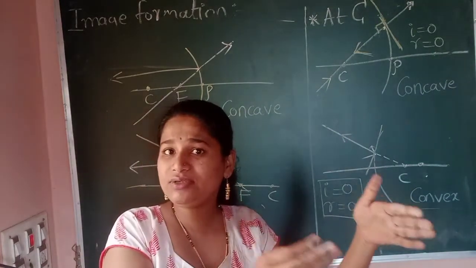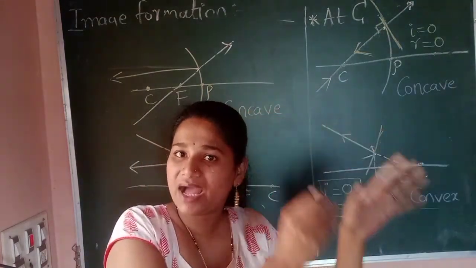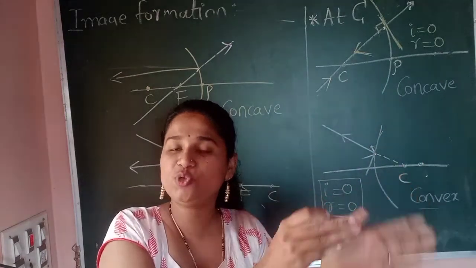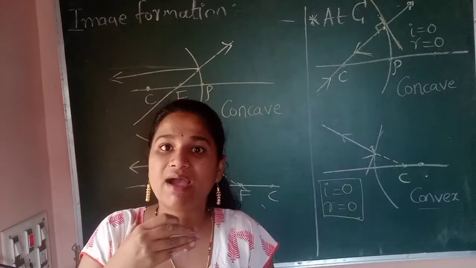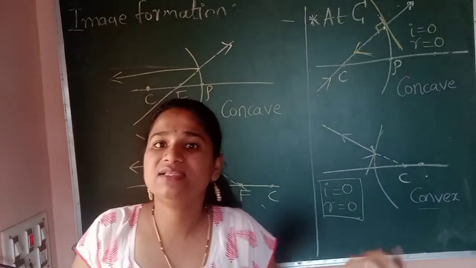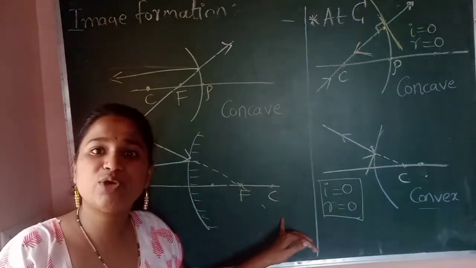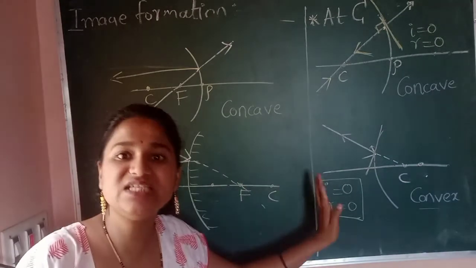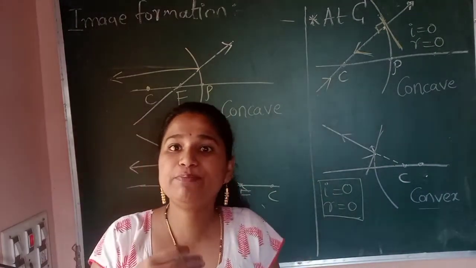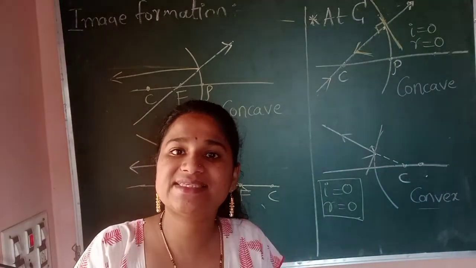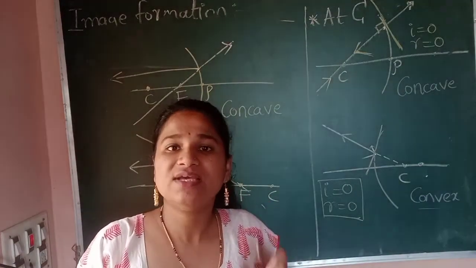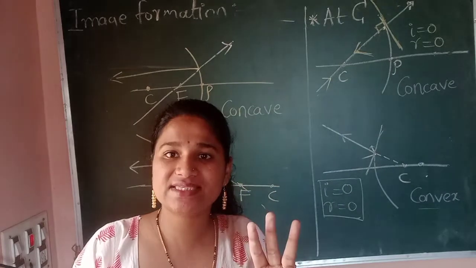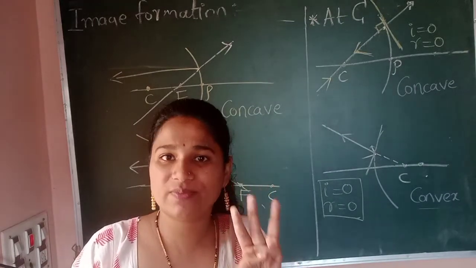So in all the concave mirror it will really be passing through, but in case of convex mirror it appears to pass through, it appears to meet, because the principal focus and the center of curvature will be behind the spherical mirror, which is impossible to say the exact or accuracy of the points. Okay, so this is regarding three cases of the image formation.